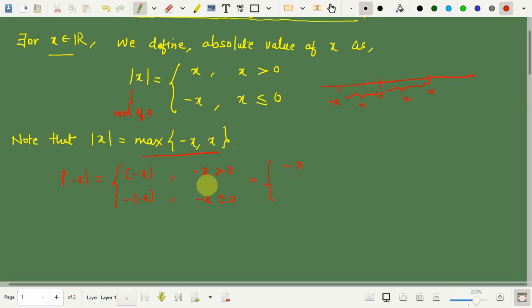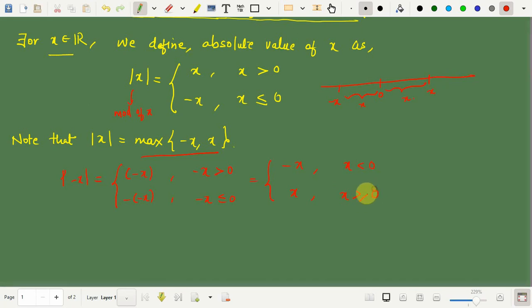Now, minus x is positive, that would be the same as saying x is negative, because when you multiply with minus 1, that would reverse the inequality, and you will have x less than 0, and in the same way minus of minus x is the same as plus x, and when minus x is less than or equal to 0, that is the same as saying x greater than or equal to 0.